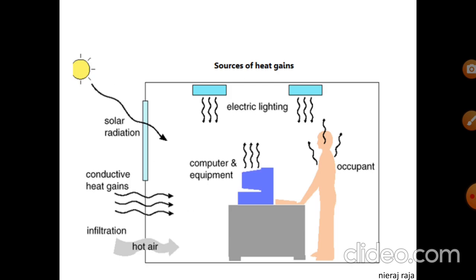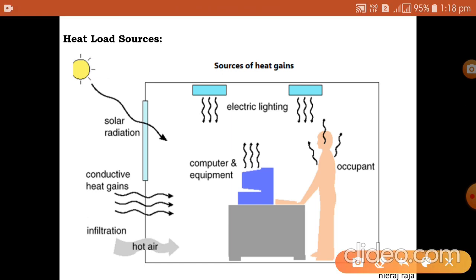Now these are the different heat sources. Heat load sources: you can see here a particular room. Inside that room we have different sources of heat, some internal sources and some coming from the outer side.